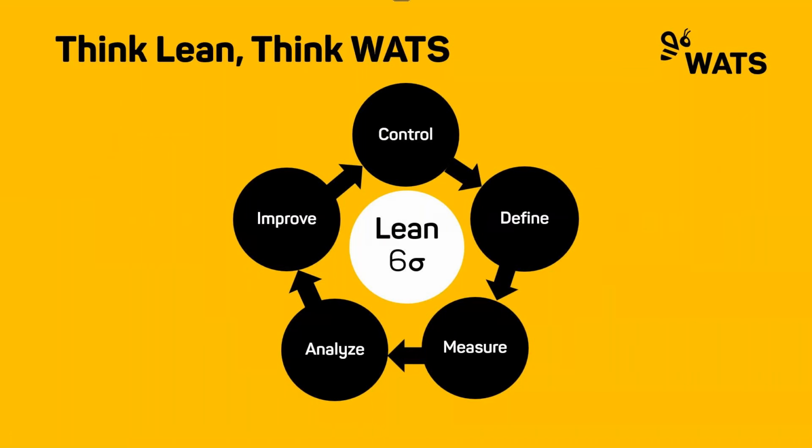And things like analyzing, there's analysis prepared in WATS, and you can utilize WATS Alva, which I'll get back to, helping you decide where the problem originates. And then, of course, improving and controlling, using WATS to monitor the progress of potential improvements that you're making.